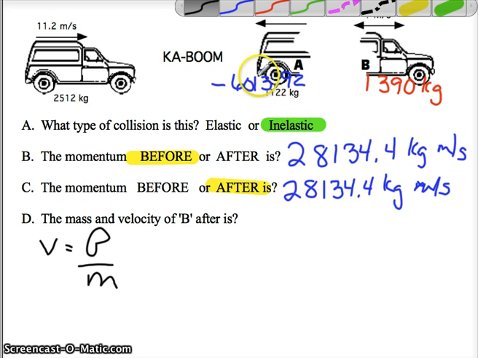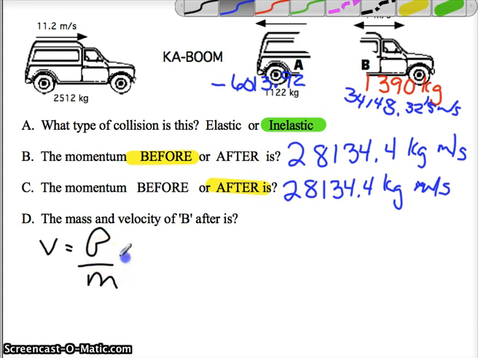The reason we add them is because we need the total momentum after to equal this number. If part of it is negative, this number has to be bigger. So the total momentum of the B section should be 34,148.32 kilogram meters per second.